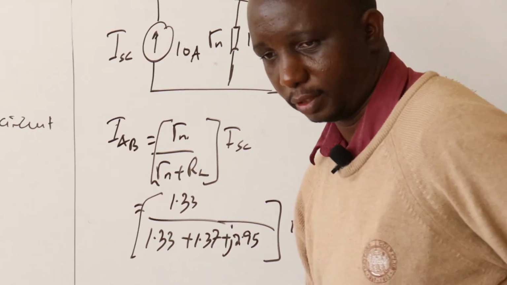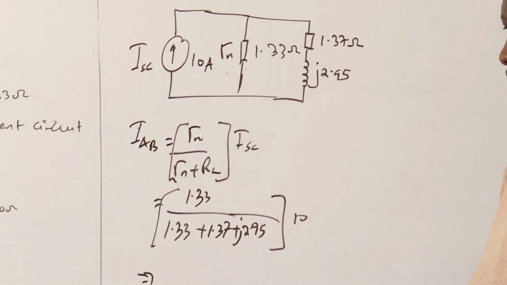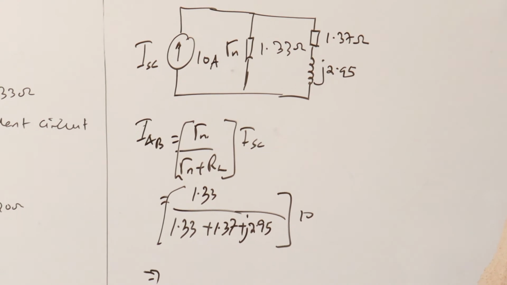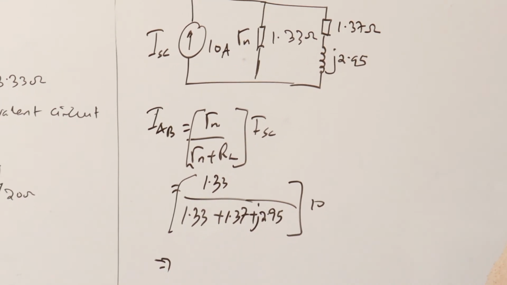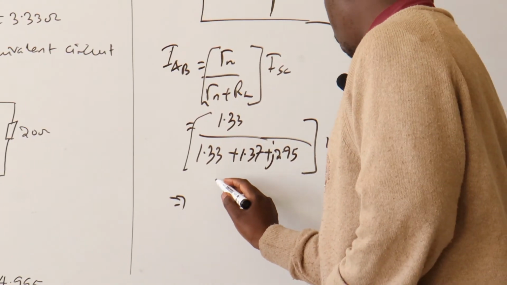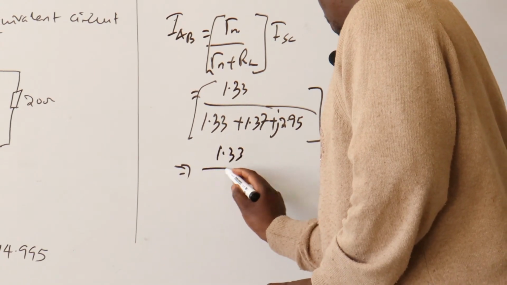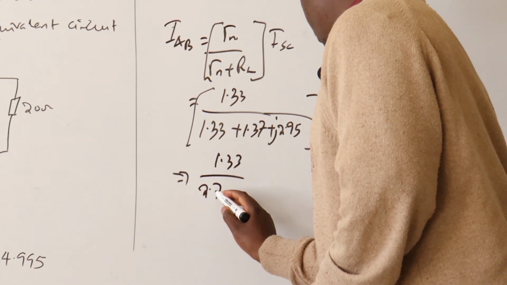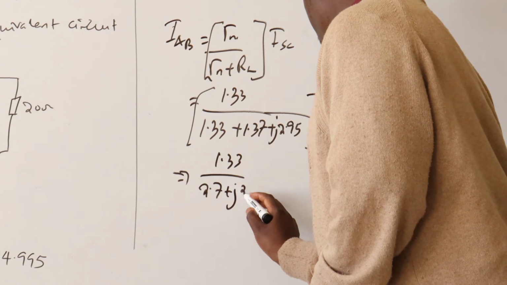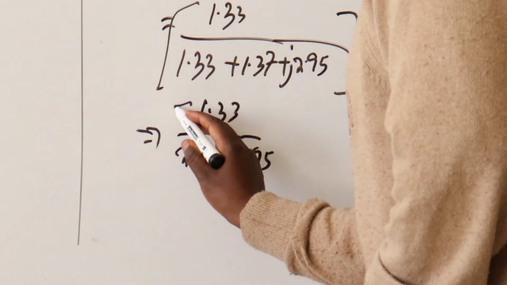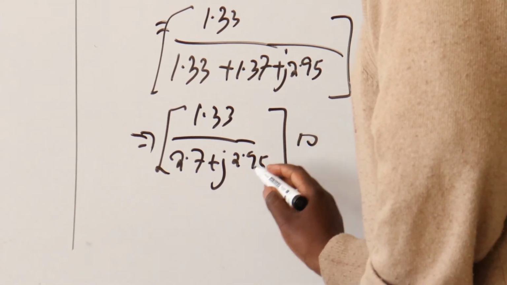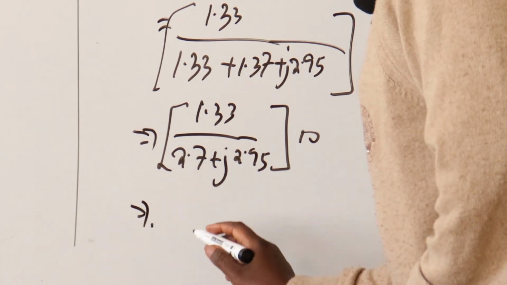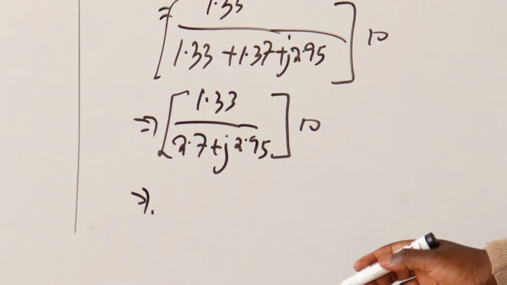When we have that in place, 1.33 plus 1.37 becomes 2.7. It becomes 1.33 over 2.7 plus j2.95 multiplied by 10. To change this into polar, so it becomes very easy.